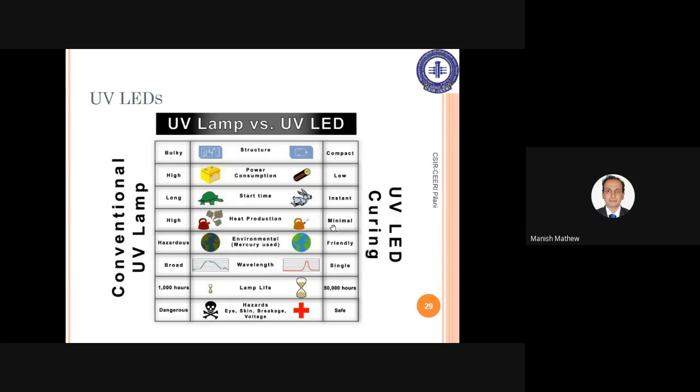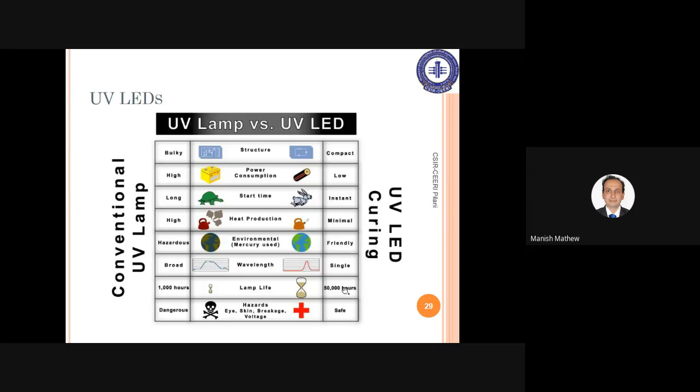Heat production is there, but as compared to a UVC lamp, the heat produced by these UVC LEDs is minimal, and it is environmentally friendly because we are not using any mercury, and we have a single or very narrow wavelength, and we don't have multiple wavelengths which could cause any other side effect.